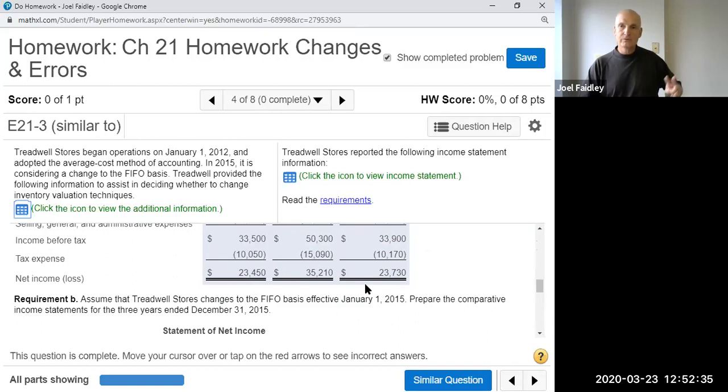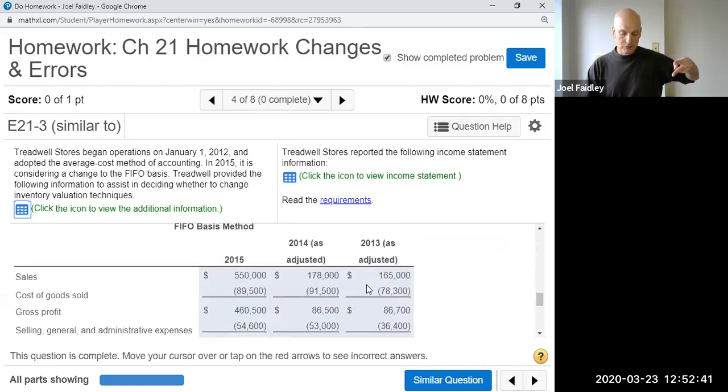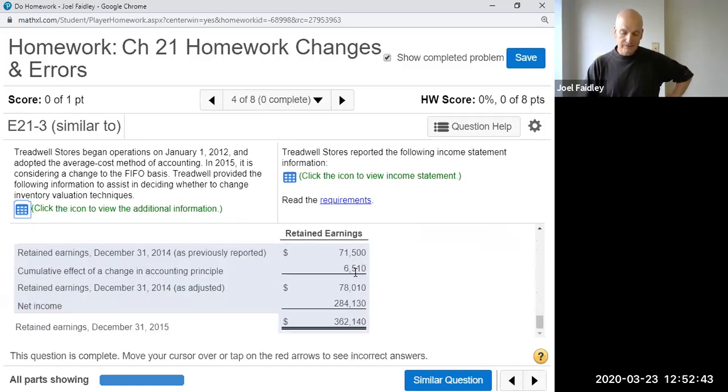The difference in those 3 years between the two cost methods for our inventory is $6,510. So we're going to add it, that's income. We're going to have more income after tax under FIFO than we did under average cost. So my adjusted December 31, 2014 is 78,010.